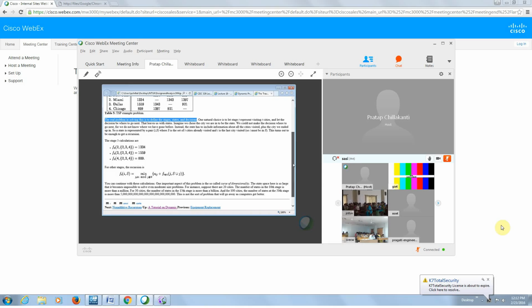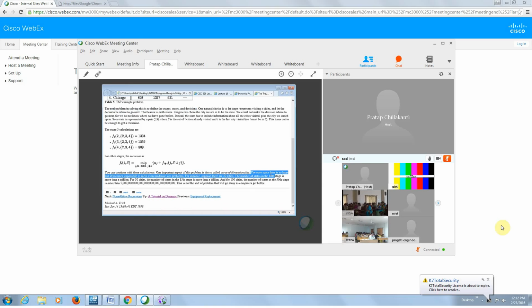Now the problem is, as it says here, the state space here is so large, it becomes impossible to solve. Okay? Let's say if you have 20 cities, how would you solve it? You can see why dynamic programming becomes so important, right? You can see the numbers here, they are horrendous.